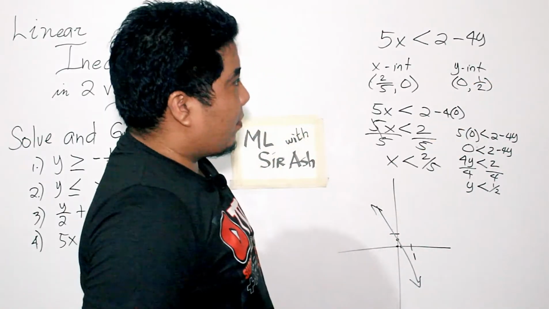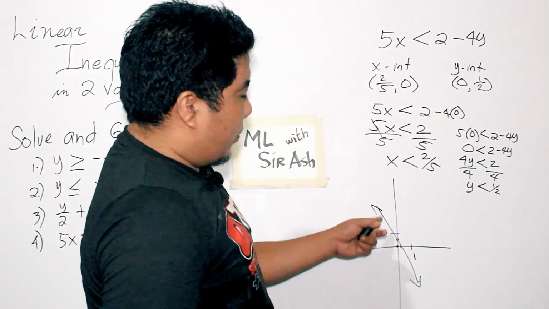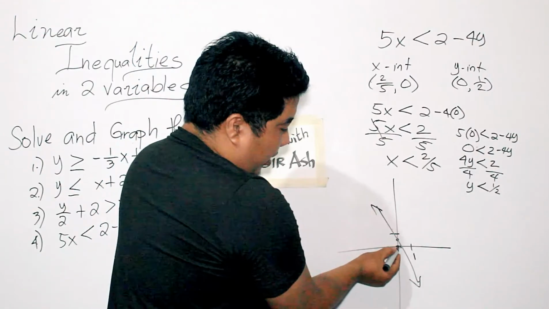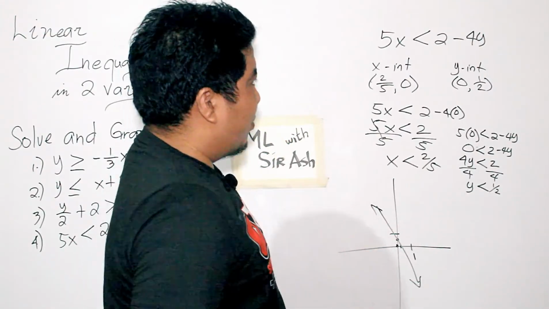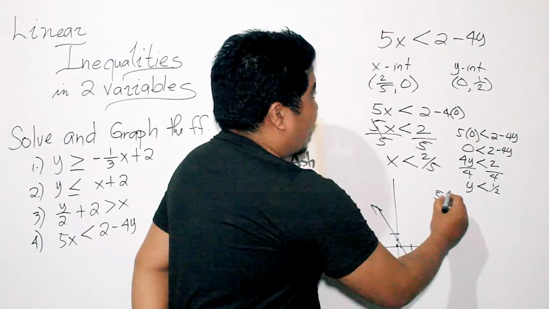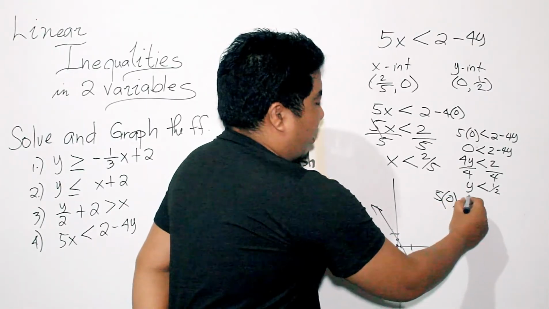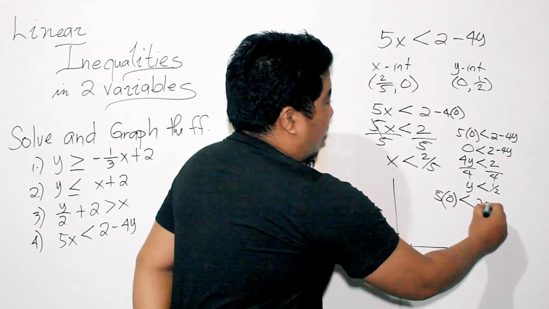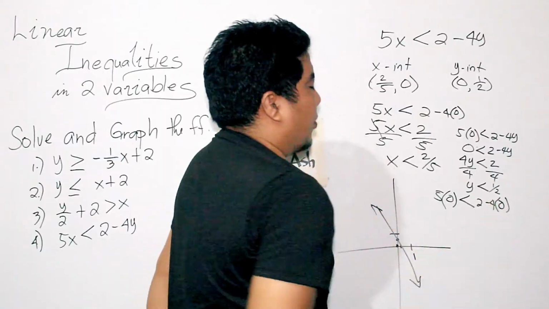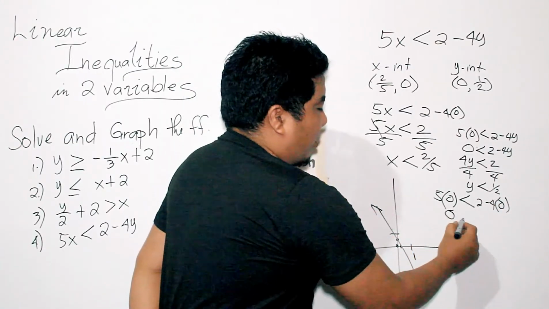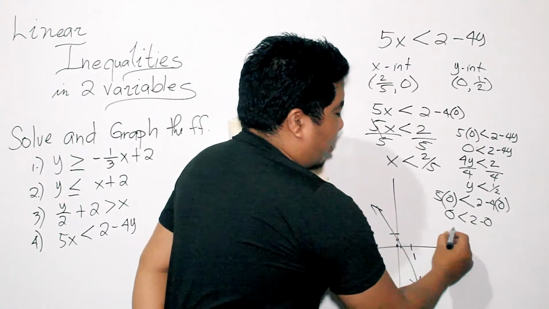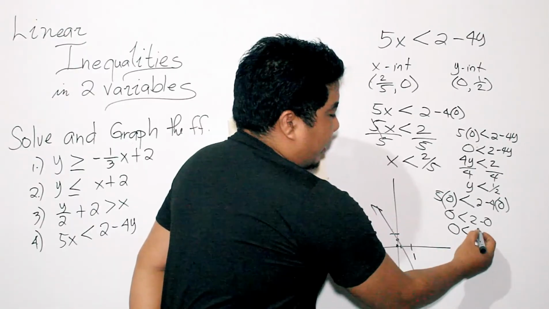Okay. So basically, what we will do is we will test our origin, 0, 0. So if we try to test our origin, that will give us 5 times 0 is less than 2 minus 4 times 0. So that gives us 0 is less than 2 minus 0. So 0 is less than 2.